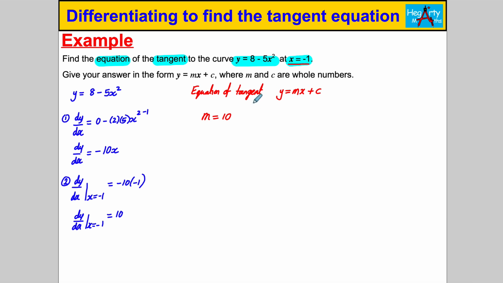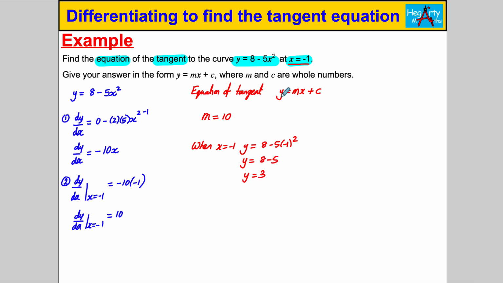X is negative 1 is definitely on that line with a corresponding y value. So when x is negative 1, the y value, remember the tangent touches the curve at this point, so they share the same x and y value. So to work out y, we can substitute negative 1 in there. 8 subtract 5, negative 1 all squared.